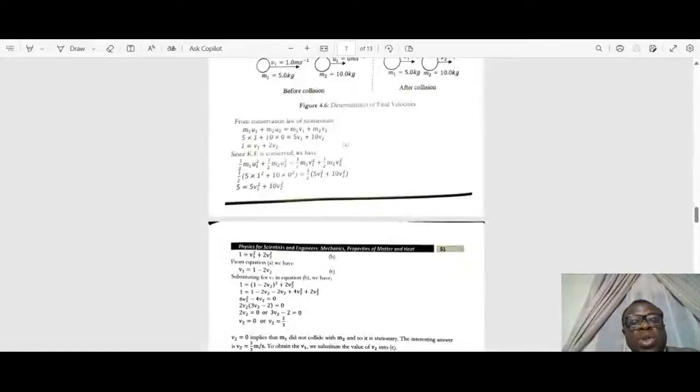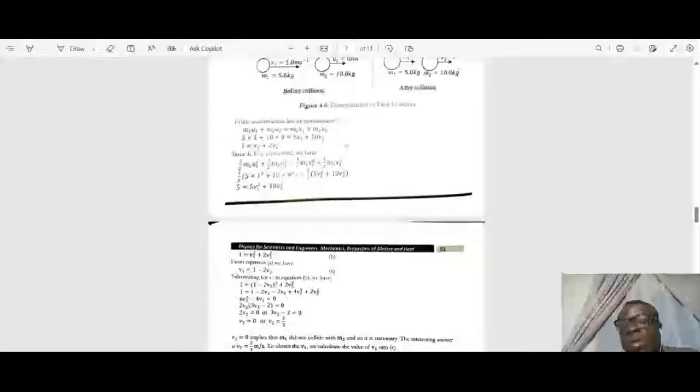So that is the momentum aspect of it, which gave us equation A. Then the kinetic aspect of it, we know that kinetic energy is half mv squared. So before the impact, we have half m1 u1 squared plus half m2 u2 squared, equal to, after the impact, half m1 v1 squared plus half m2 v2 squared.